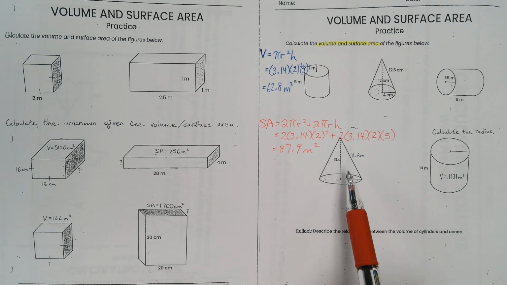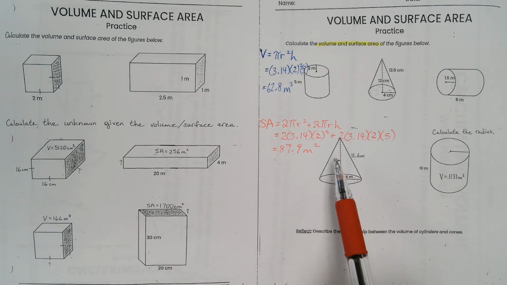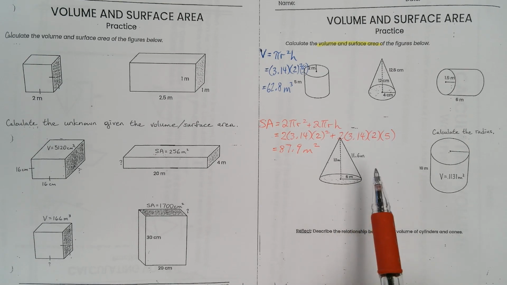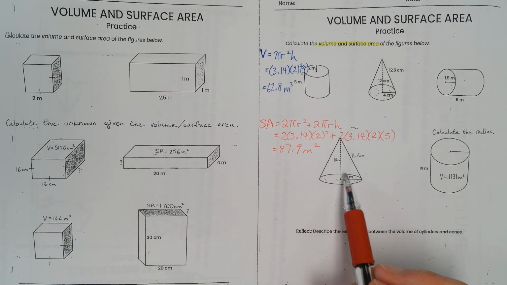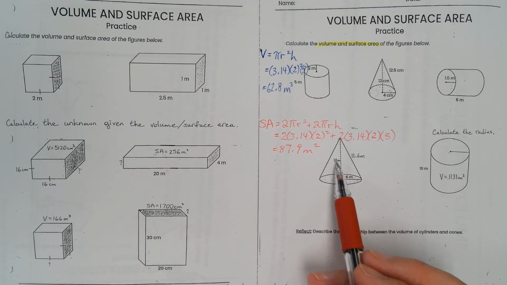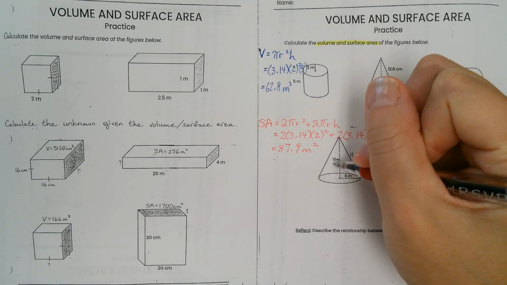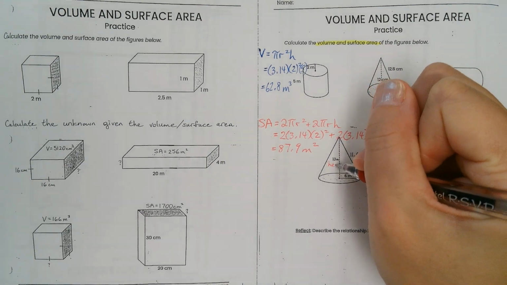Okay. This one right here for the cone. Notice I gave 3 dimensions right here. Which one is the height? The actual height. So for this cone right here, this one. Yeah. So the height, this is your height right here.